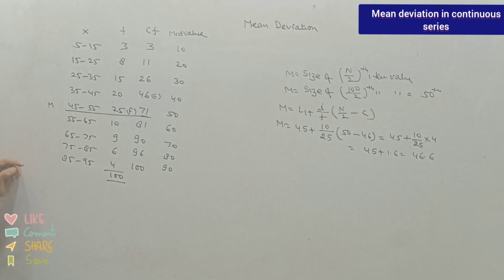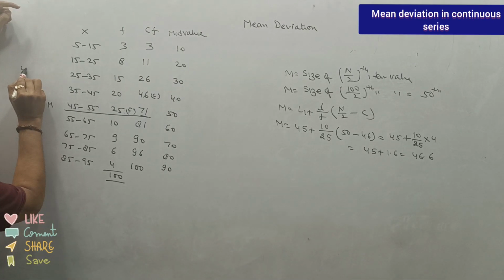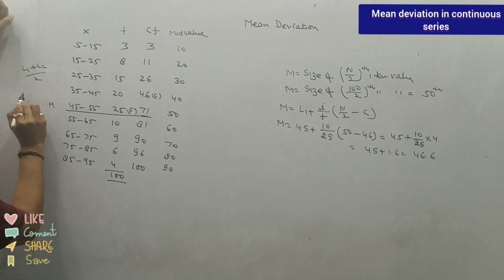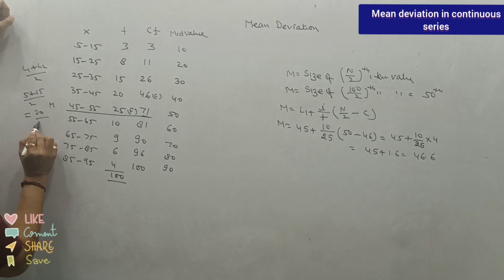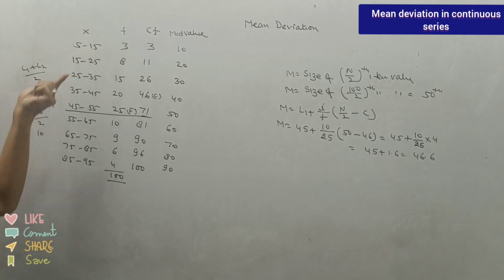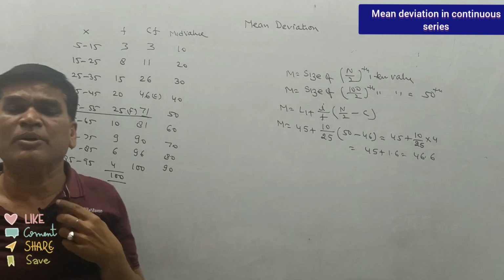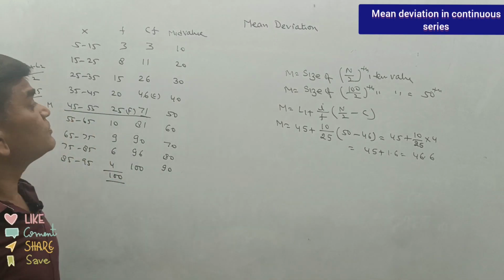To calculate the mid value, we add L1 plus L2, the lower limit and upper limit, and divide by 2. So 5 plus 15 is 20, divided by 2 is 10.